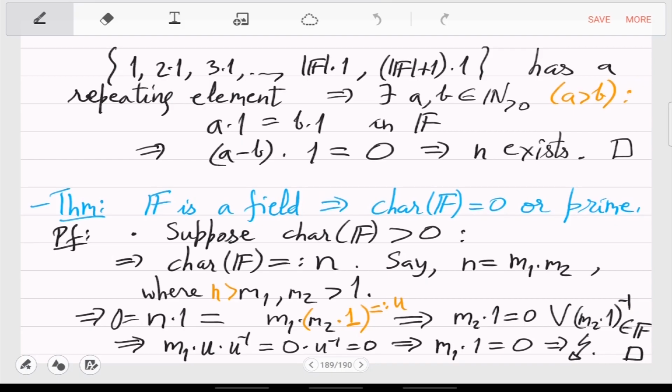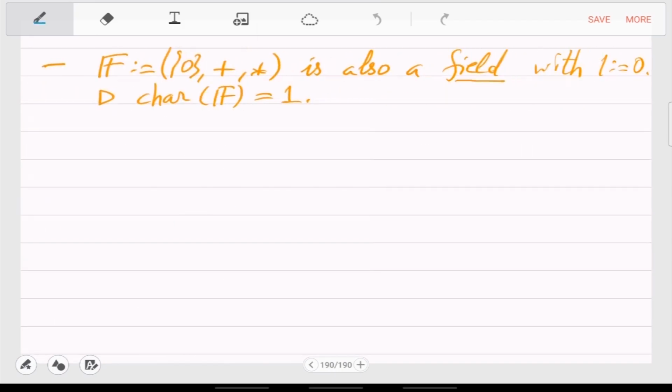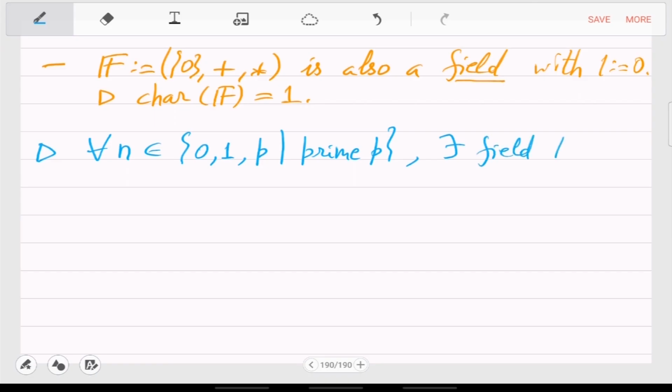Yes, so what we have then shown is that for every n which is 0, 1 and prime numbers, there exists a field with characteristic n.